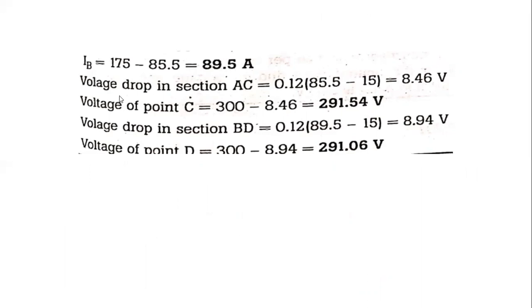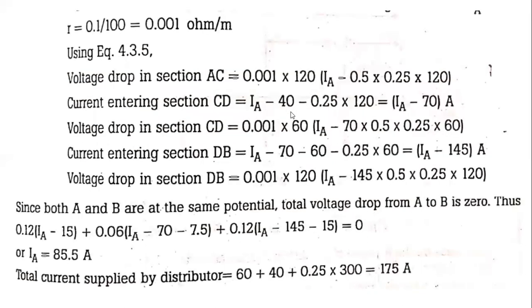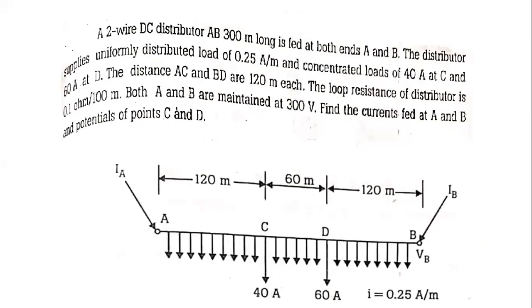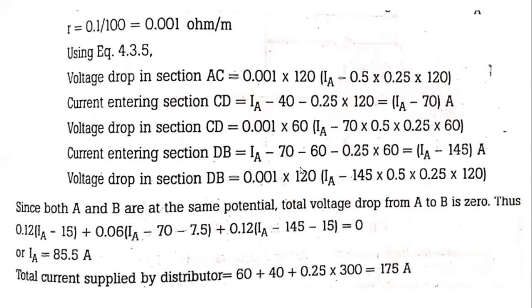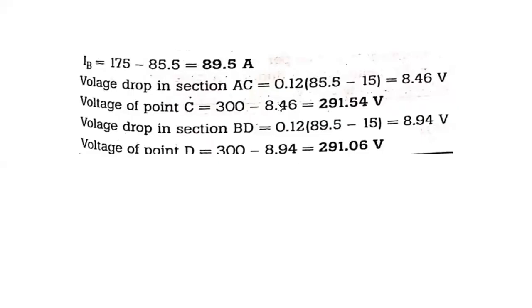Next, we calculate the voltage drop in section AC. What is the voltage drop in section AC? That is the A to C section.